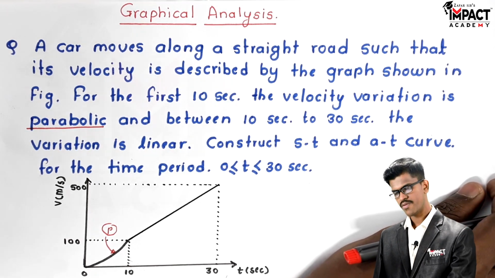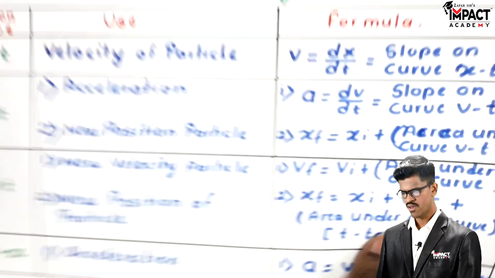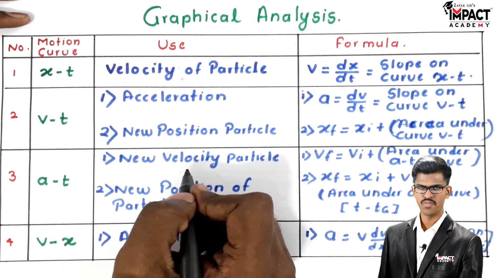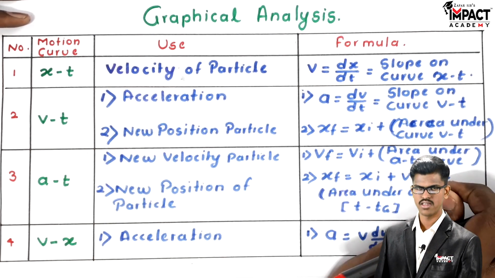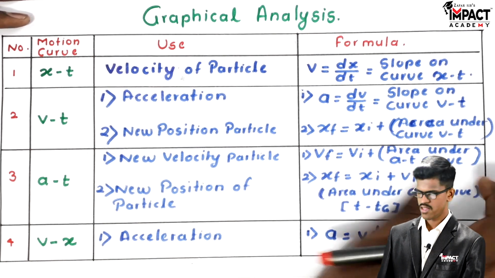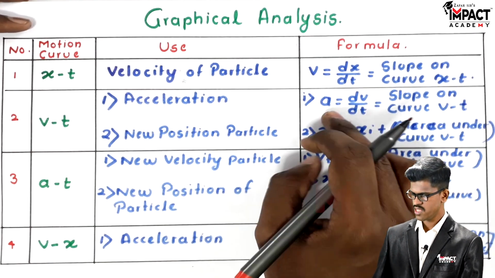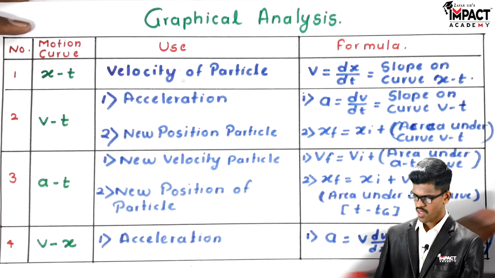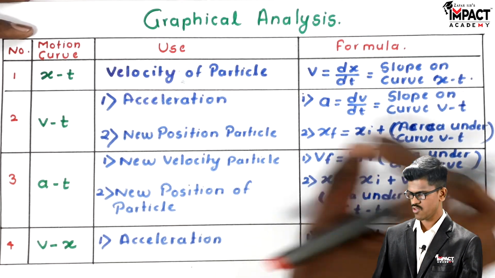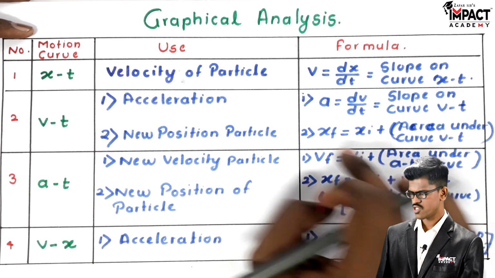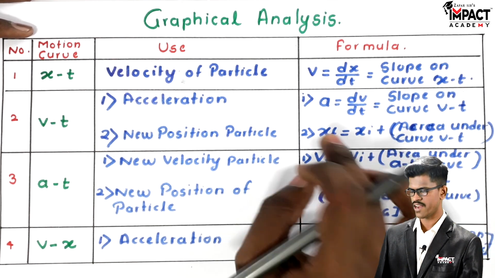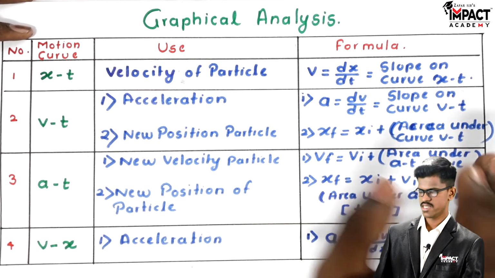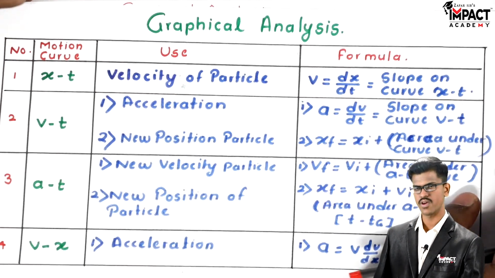In our previous video, in brief, we studied that from the VT curve, we can find the acceleration and the new position of the particle. To find the acceleration, we just find the slope of the VT curve, and to find the position, we use this formula: the final position of the particle is equal to the initial position of the particle plus the area under the VT curve.